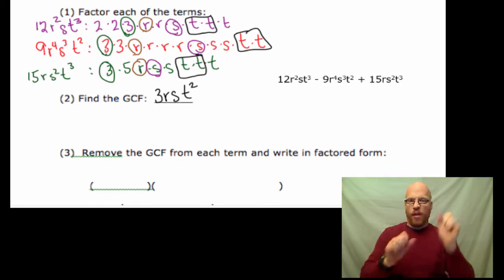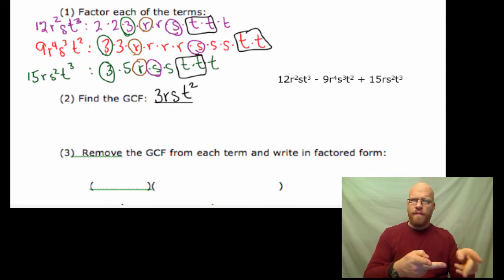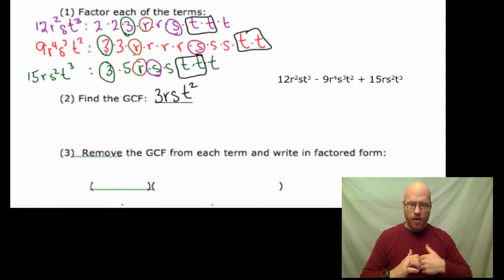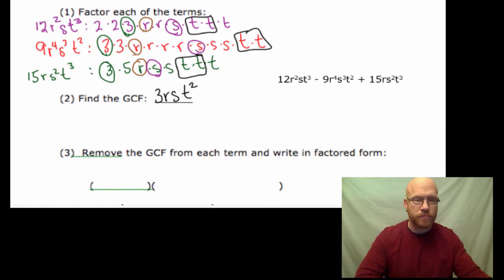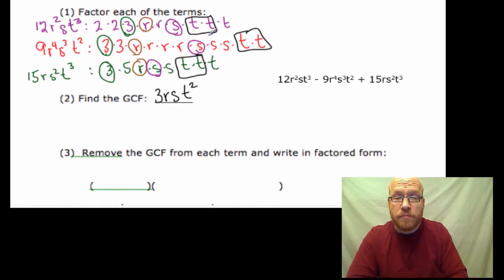I can divide all of these terms by 3rst squared. Now, we have the terms of our polynomial. What we need to do now, it says remove, pull out. How do you do that? What it means is dividing each term by 3rst squared. Watch.